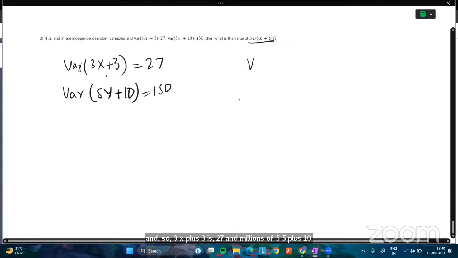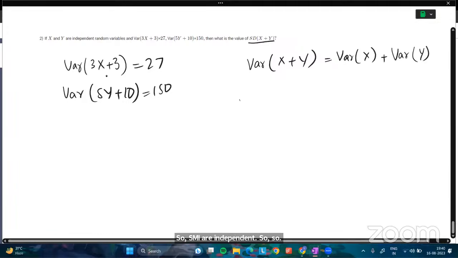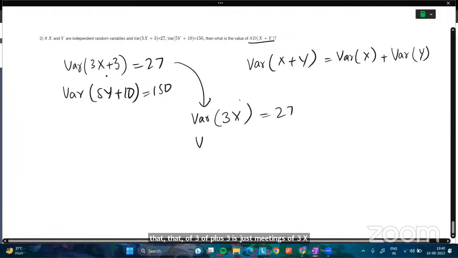Since we're given variance, we'll first find variance of x plus y. So x and y are independent. Just the variance of a constant will it be 0, ma'am? Yeah, variance of a constant is 0. So from the first thing, we can say that variance of 3x plus 3 is just variance of 3x, which is 27.